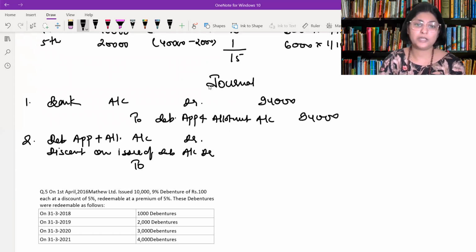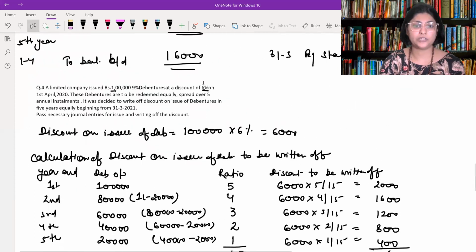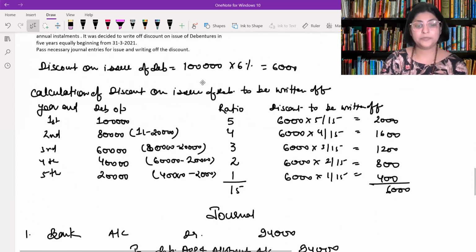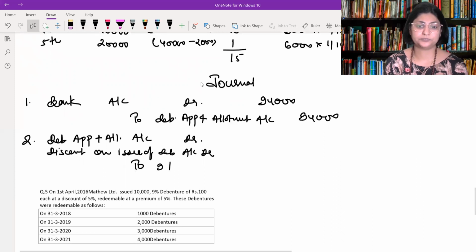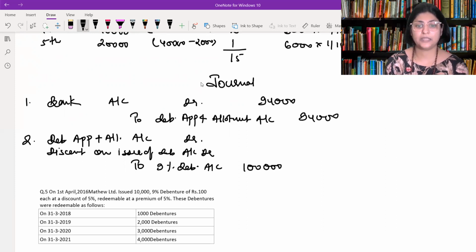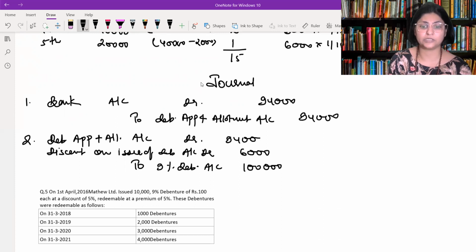To, what is the name of debenture? The name of debenture is 9% debentures. So here will be 1 lakh rupees, this will be 6,000 rupees and this will be 94,000 rupees.